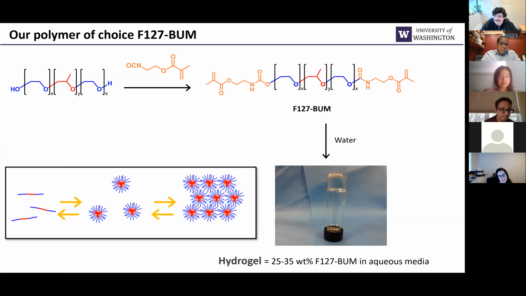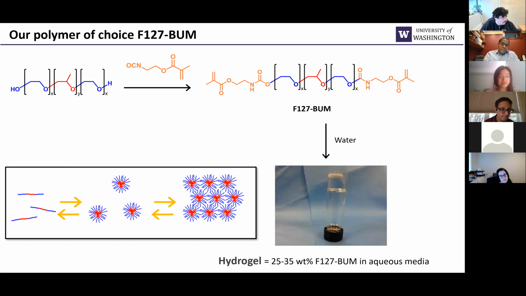What's important here is that we've now introduced these end groups onto the polymer that allow us to cross-link the material. If we take this polymer and dissolve it in water at anywhere between 25 and 35 weight percent, so that's having between 65 and 75% water, we get this hydrogel.